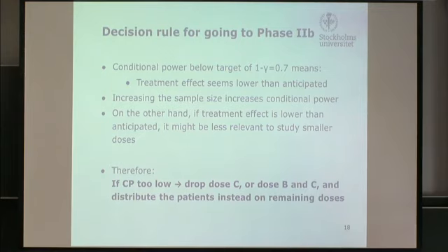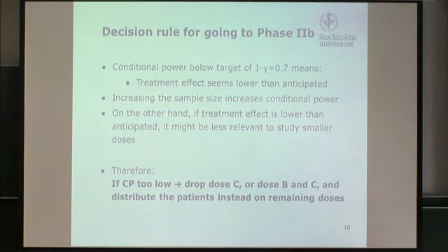But then it's important to reflect what this means for my dose finding issue. If we have an effect which is lower than anticipated, it might not be as important to investigate doses below dose A, which dose B and C were intended to be. So then the dose finding task might be less important.